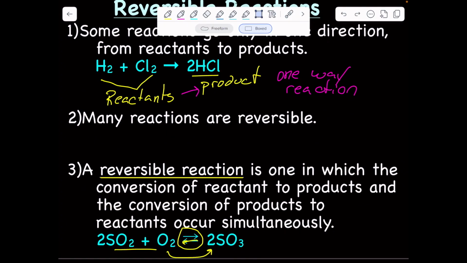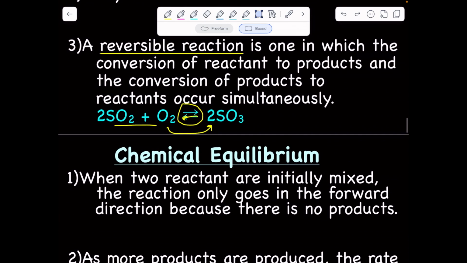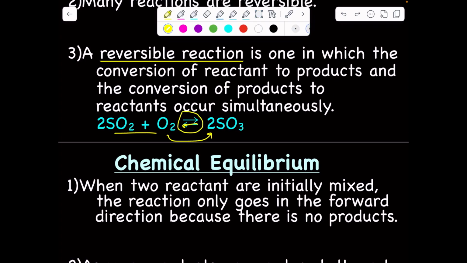All right, so now that we know what a reversible reaction is, we can talk about chemical equilibrium. When two reactants are initially mixed, the reaction only goes in the forward direction because there are no products. So in our reaction above, we have two SO2s reacting with O2.